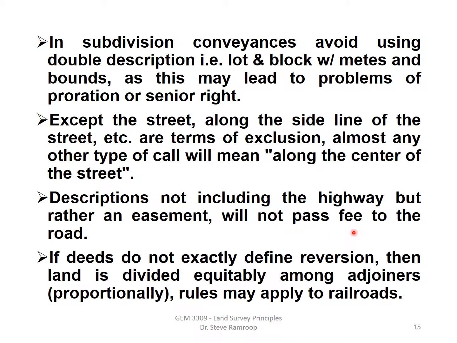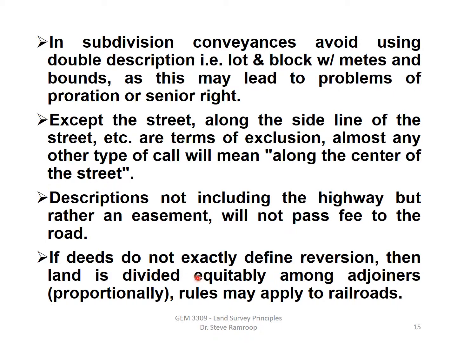Descriptions not including highway, but rather an easement, will not pass fee toward a road. Including that a highway meaning an access to a property in order to get access to landlocked areas. Those easements will not pass the fee simple in terms of putting an actual road there.